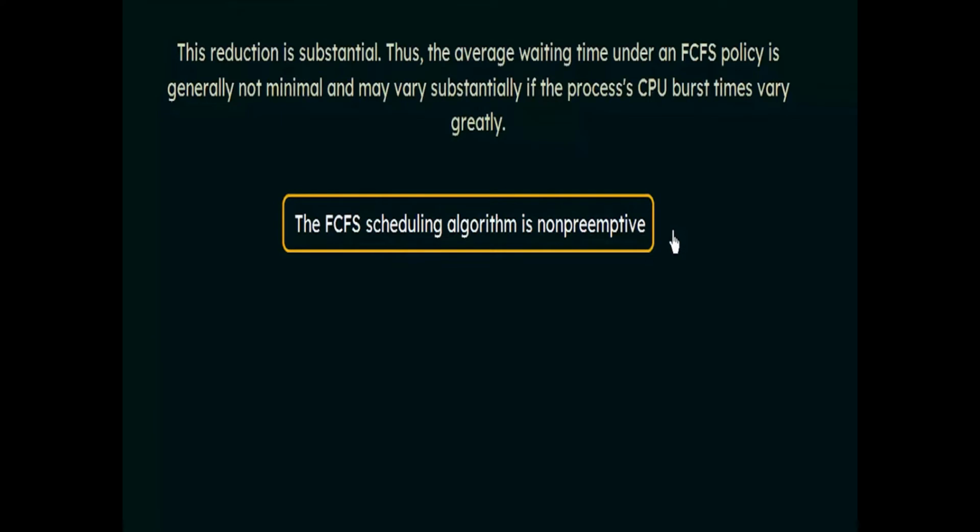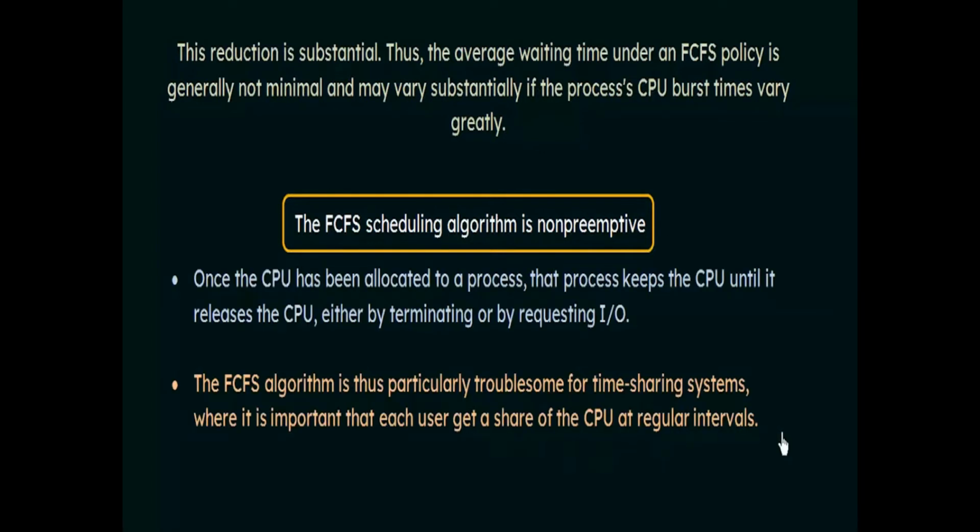Next, the first come first serve scheduling algorithm is non-preemptive. Non-preemptive means if some process is being executed, only that particular process will execute. There will be no interference of any other process. So this concept is called non-preemption.